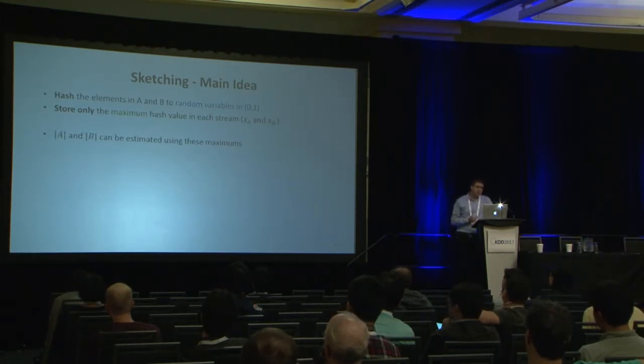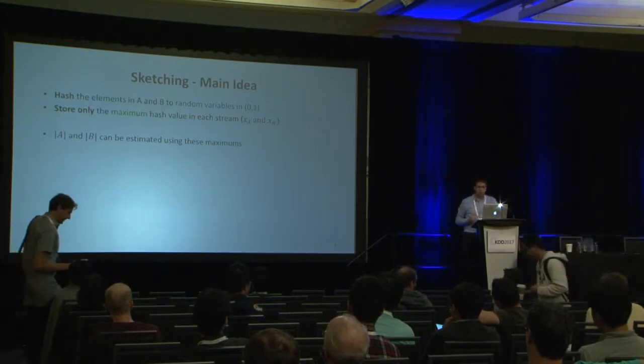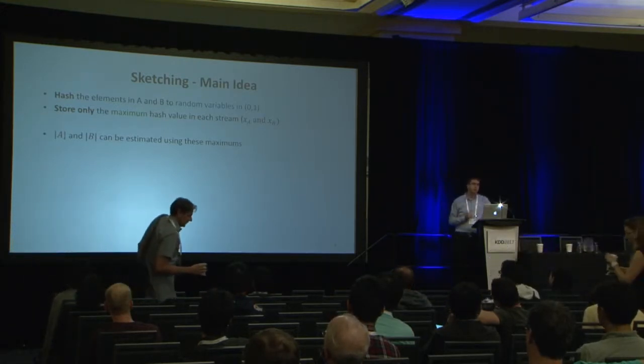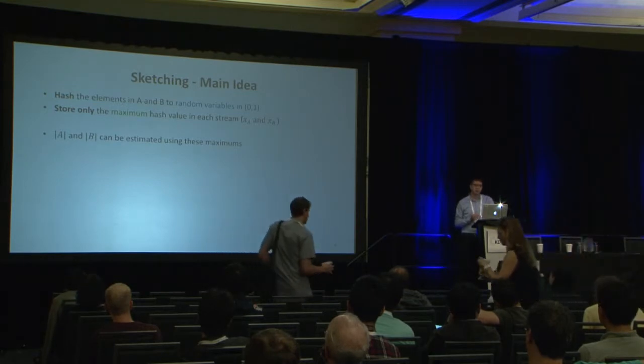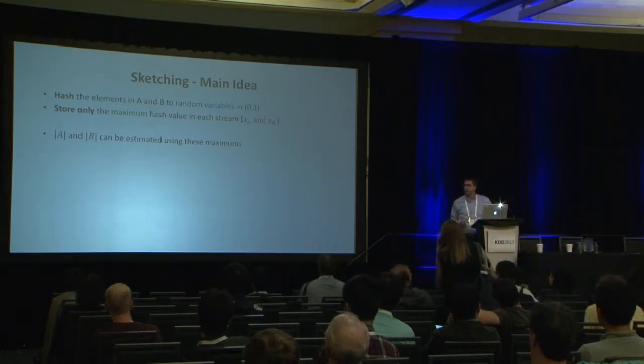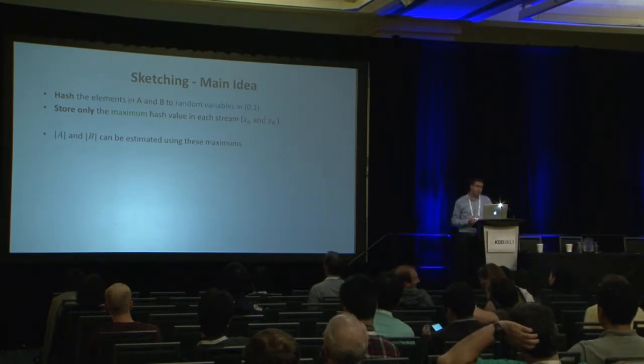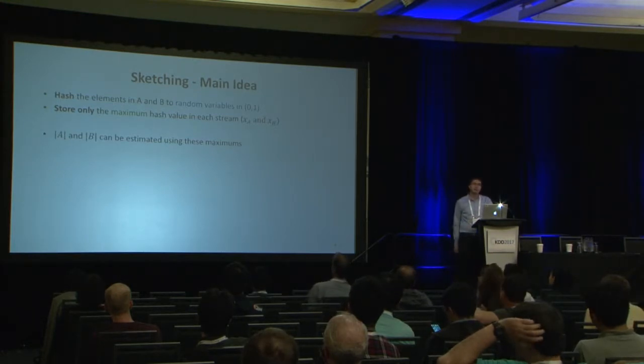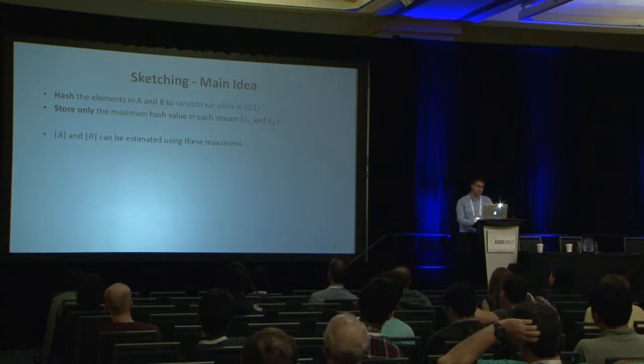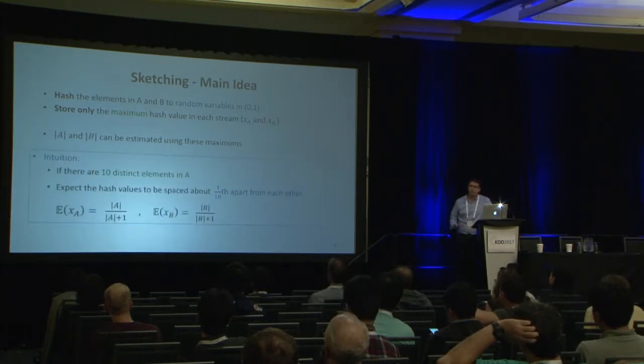The main idea is to hash all the elements in A and B to random variables in the interval between 0 and 1, and then store only the maximal hash value in each stream. Let's denote them XA and XB. From these maximums, the cardinalities of A and B can be easily estimated. The intuition is, if there are 10 distinct elements in A, we expect these hash values to be spaced about 1/10 from each other.